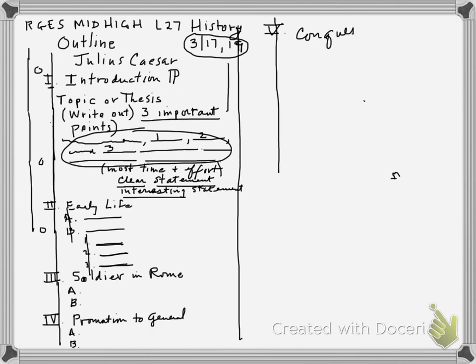You're focusing in on a specific campaign, and there's several points. Maybe point C, as you look at your cards, might be a siege of Alesia, as an example. And there might be several subpoints, how they besieged this camp and won this battle.